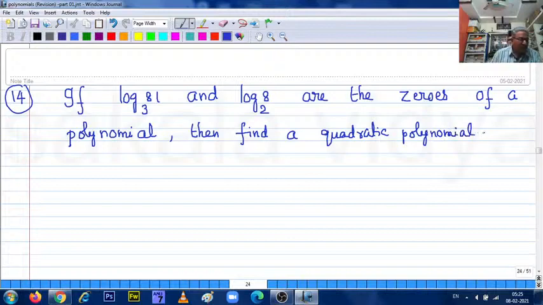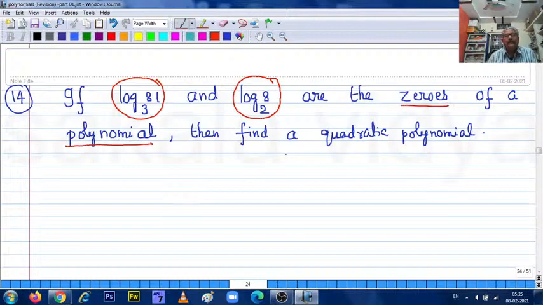Find a quadratic polynomial. Regarding this question, log 81 to the base 3 is one of the zeros, and log 8 to the base 2 is the other zero. So that means it has two zeros: log 81 to the base 3 and log 8 to the base 2 are the zeros of a quadratic polynomial.